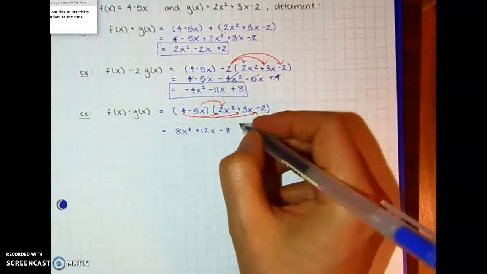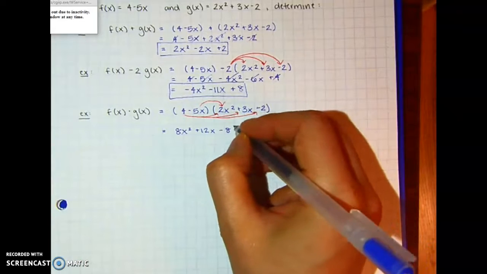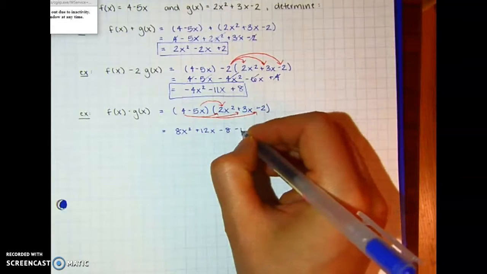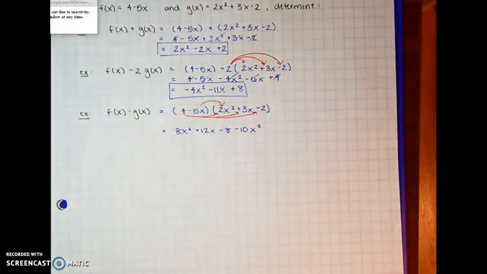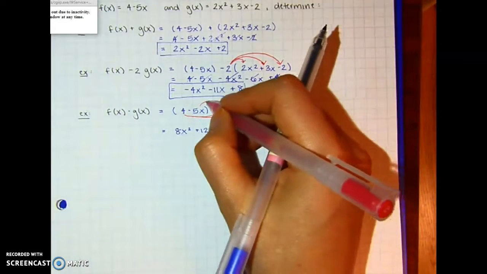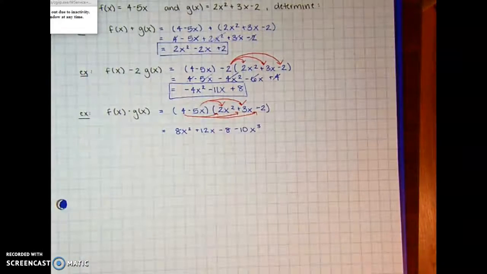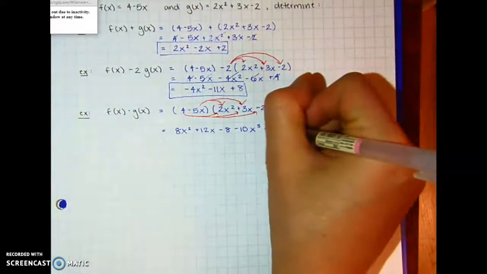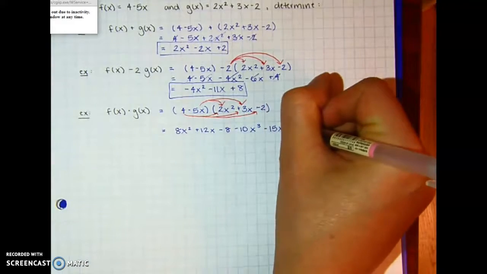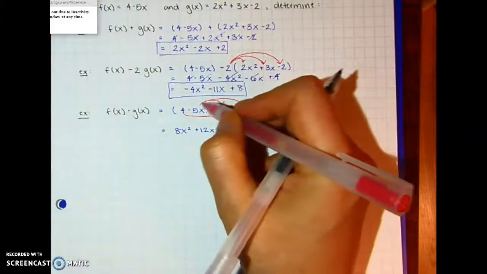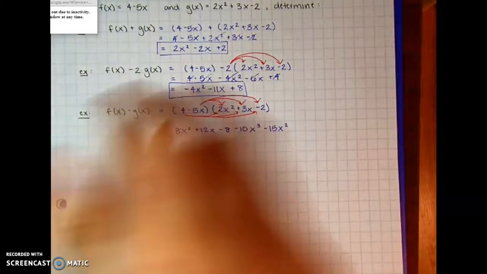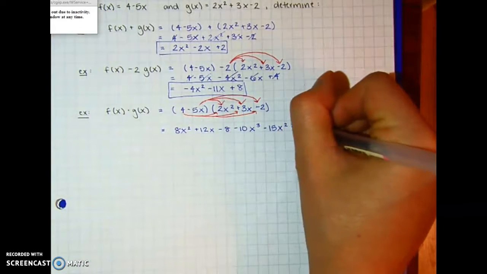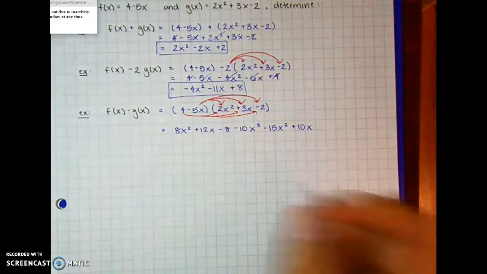So negative 5 times 2x squared will be negative 10x cubed. Then we have negative 5x times positive 3x, so negative 15x squared. And finally, negative 5x times negative 2, so positive 10x.